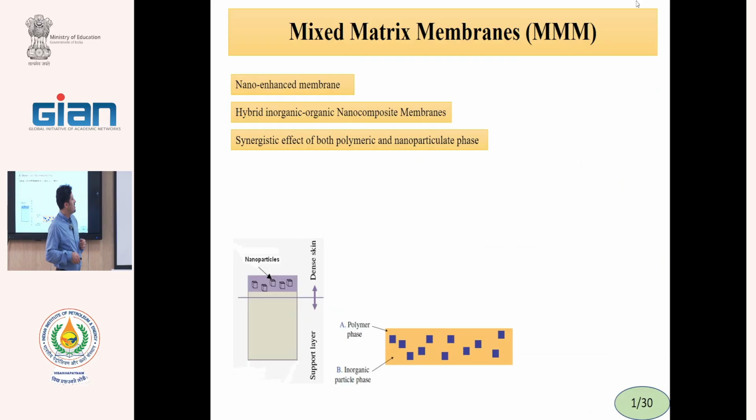The other bottom layers only act as a support. Therefore, we try to use a low amount of nanomaterials because generally the price of nanomaterials is high, and using a low amount is good from the economic view.